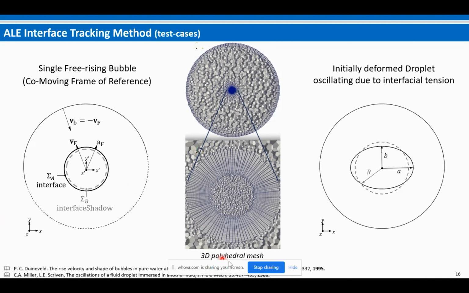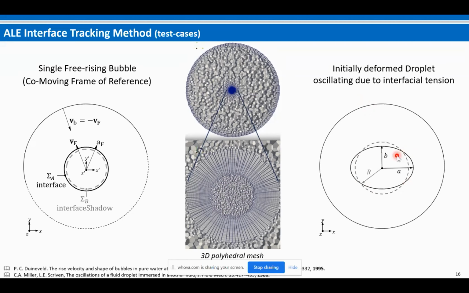We use a 3D polyhedral mesh, as you can see in this photo here. And the second case is an oscillating droplet scenario, which has a similar setup for the mesh, except for the initial shape, which is an ellipsoid.